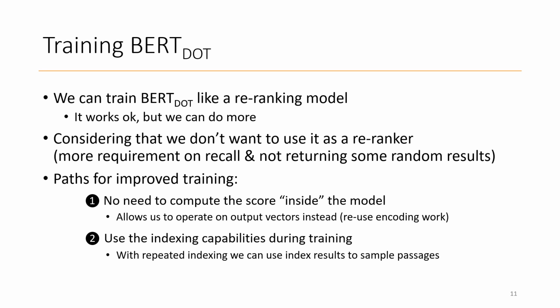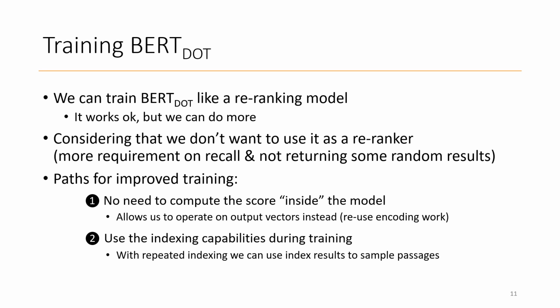The first one is, because we don't need to compute the score inside the model, we can use the vector output, which allows us to operate on this vector output by reusing the encoding work, and we don't need to encode passages multiple times during training if we want to score them with different passages.